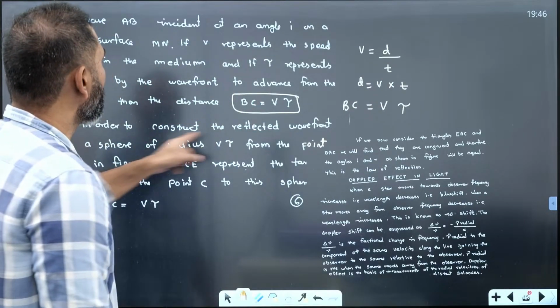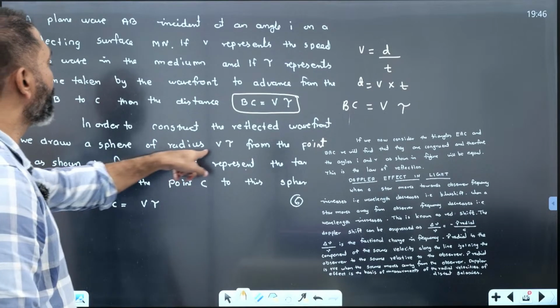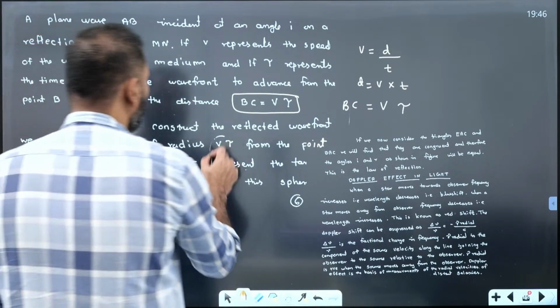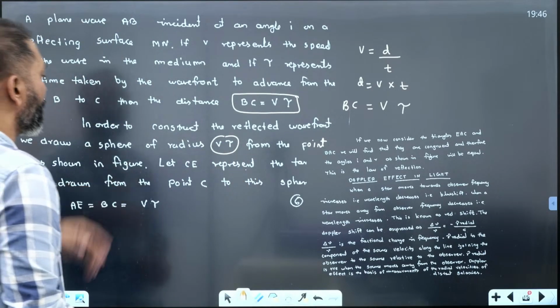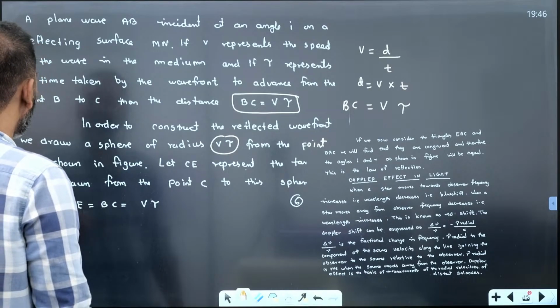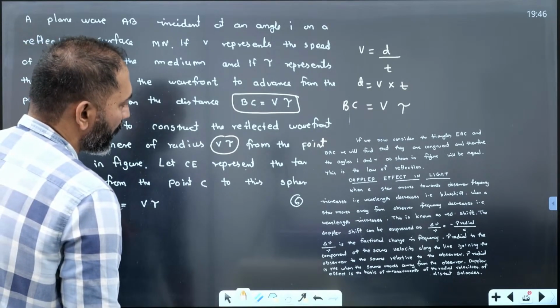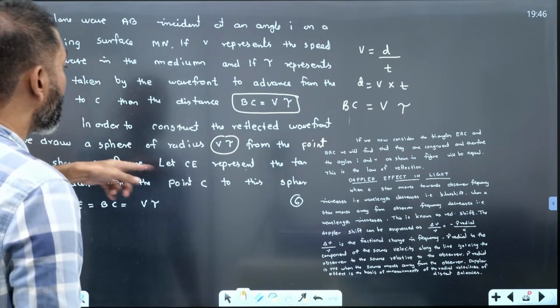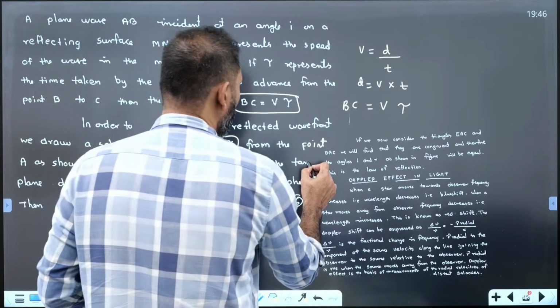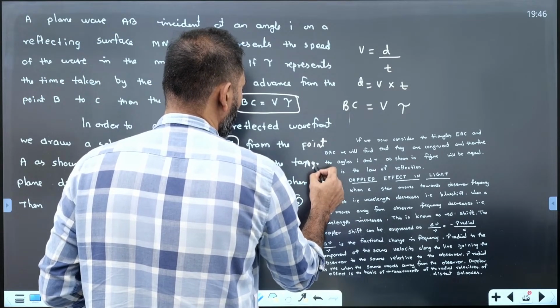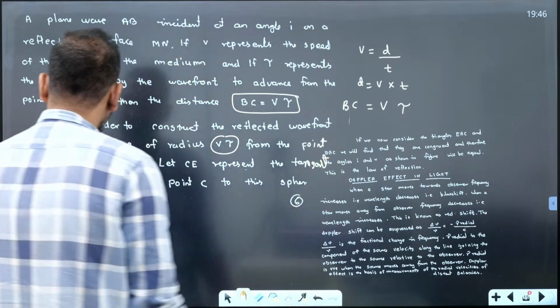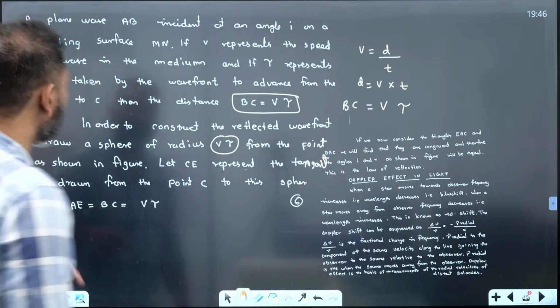Let CE represent the tangent plane drawn from the point C to the sphere.